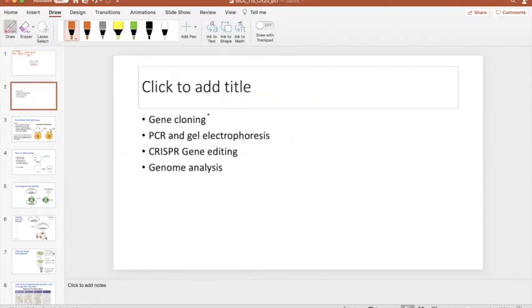And in this chapter, we are going to cover really 4 topics. I'm going to break this into probably 3 lectures. And over the course of these 3 lectures, we're going to cover 4 different topics. Today, we're going to talk about something called gene cloning, and I'll add to that not just gene cloning, but recombinant DNA technology.